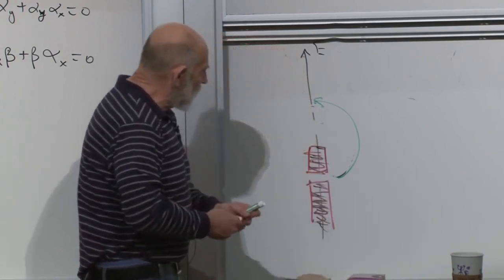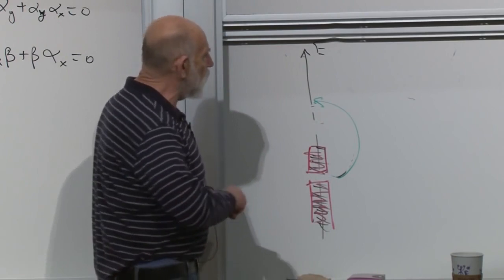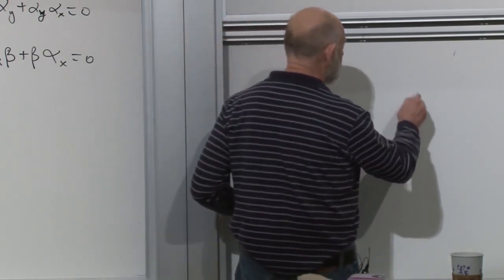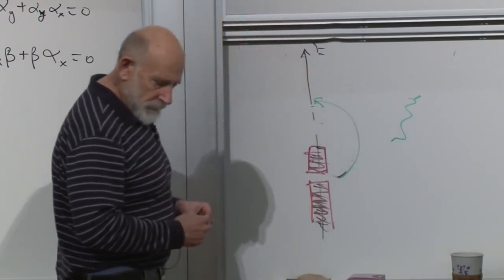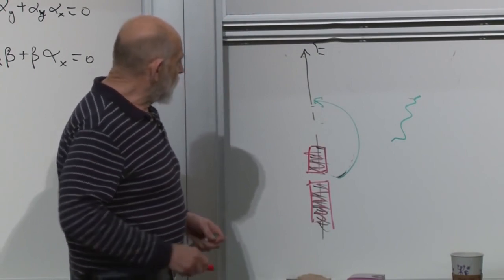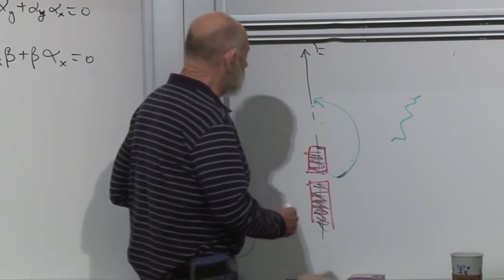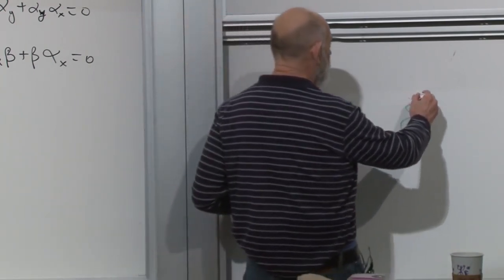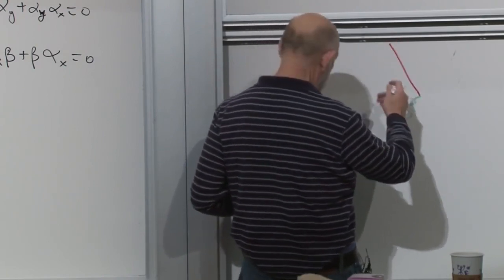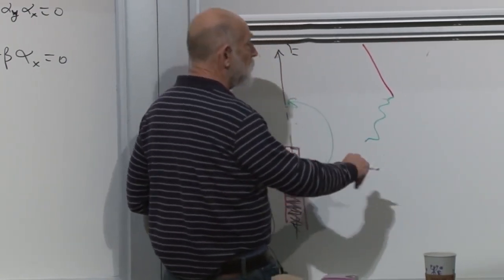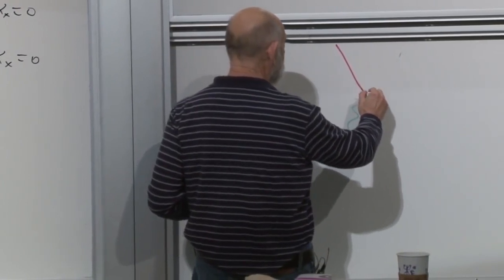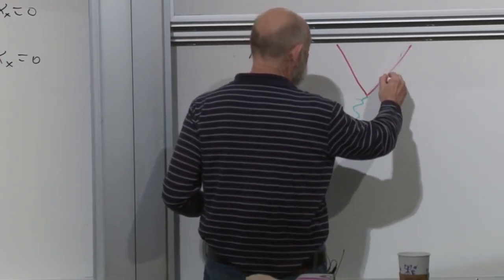So what's happened is a photon has come along and turned itself into a positron and an electron.